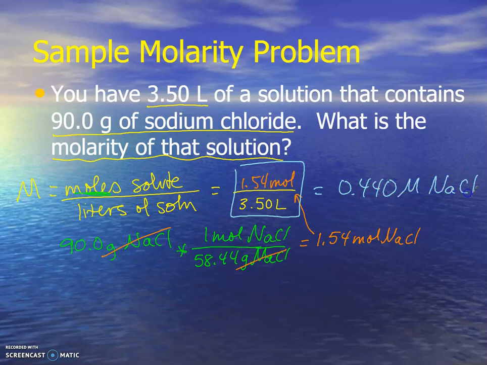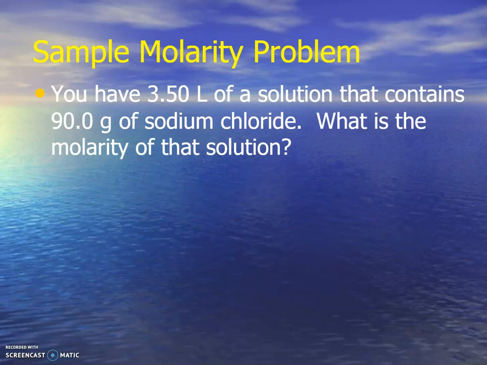molar NaCl. And I usually get into the habit of underlining the M. My teacher, Mr. Ray, did that. I end up doing it as well, and it kind of differentiates between looking if that's like magnesium or just moles or mass or something like that. But if this number has 3 sig figs and this number has 3 sig figs, this number has 3 sig figs as well.